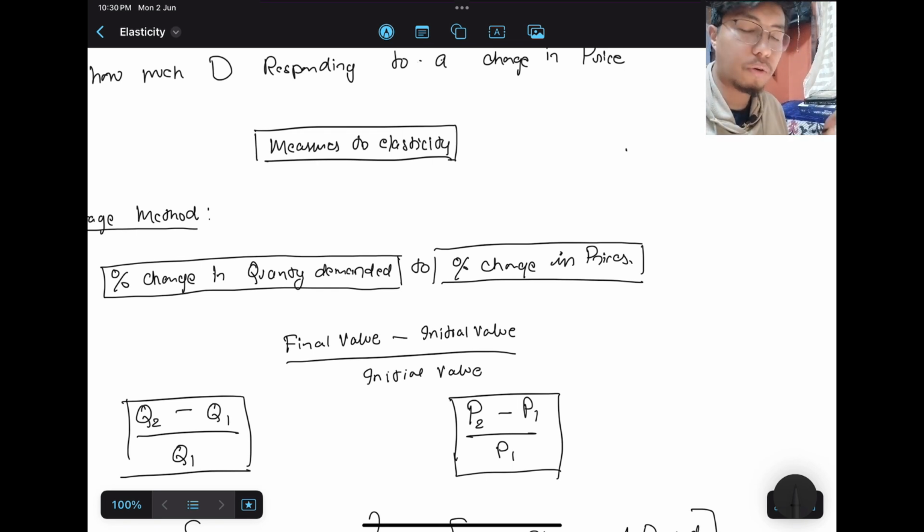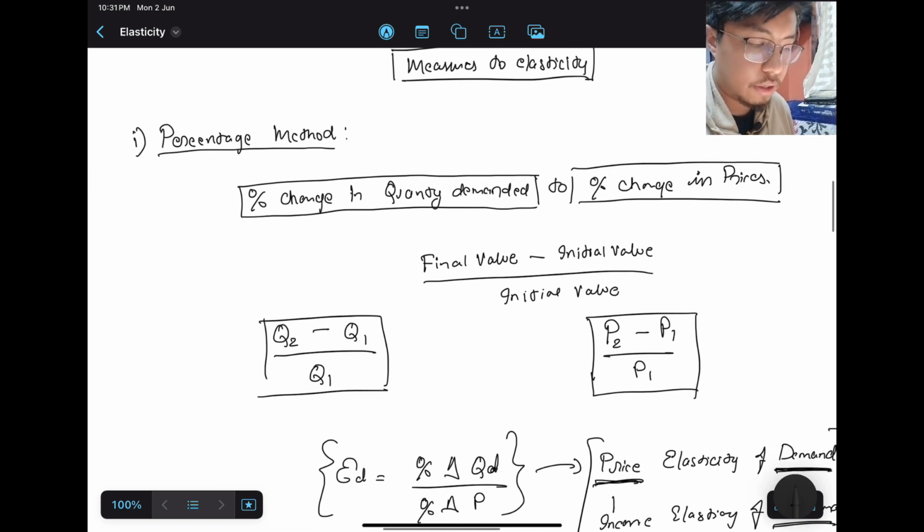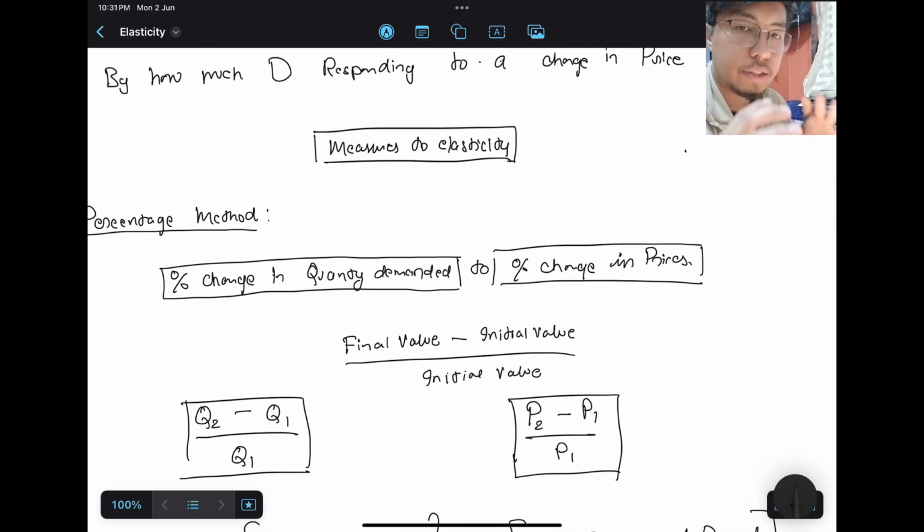Okay, so when you're talking about just prices and demand, you are saying elasticity is the degree of responsiveness of change in quantity demanded of a commodity to change in prices. That is, when price changes, by how much does quantity demanded change, how much demand change is triggered by how much price change. That is the idea, price elasticity of demand.